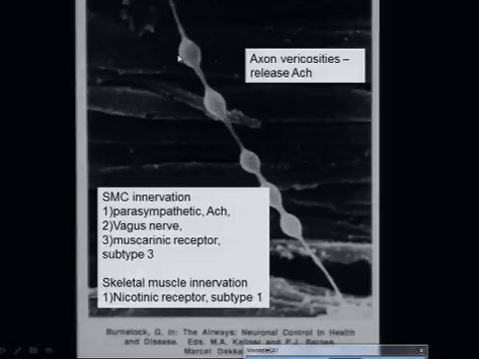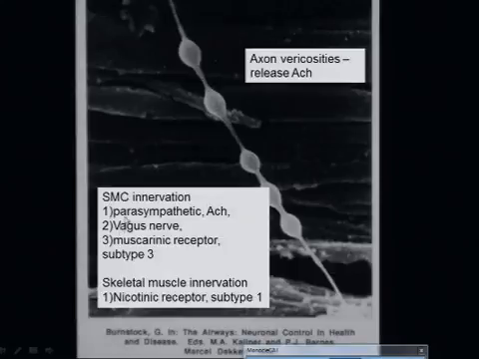And what it does, it comes out and it kind of rains down over the muscle and causes constriction or relaxation, depending on if the muscle is associated with airway or vasculature. So this is just an example of how these neurotransmitters actually affect the muscle layer.